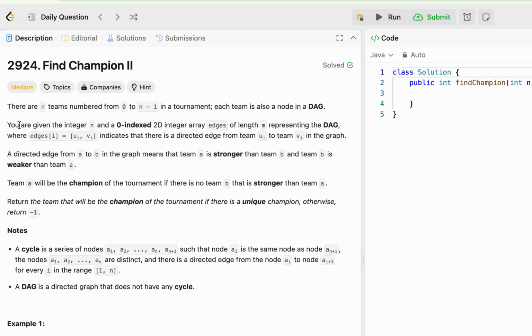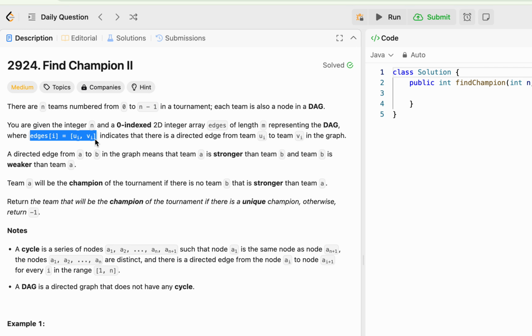You are given an integer n and a 0-indexed 2D integer array edges of length m representing the DAG, where edges[i] is equal to [ui, vi]. ui is the starting node and vi is the ending node. As we know, in any directed edge there is one starting vertex and one ending vertex.